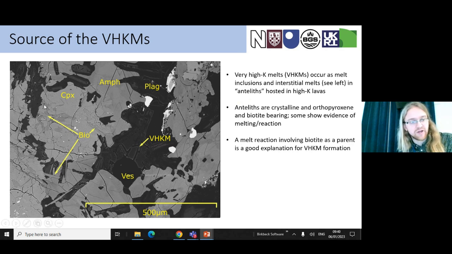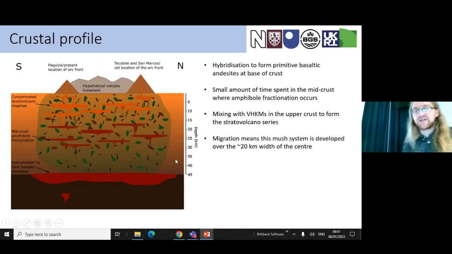And we see regions of pyroxenes and biotites that look really unhappy and are surrounded by melts and amphiboles. And so we think a melt reaction of pyroxene and biotite has occurred that produces secondary amphibole and then these very high potassium melts.